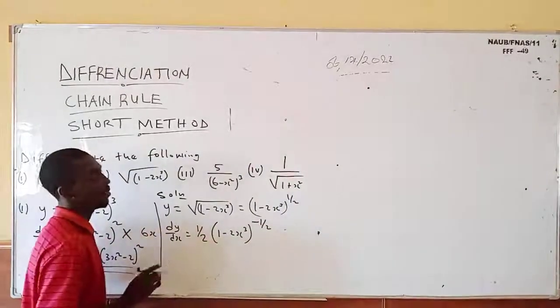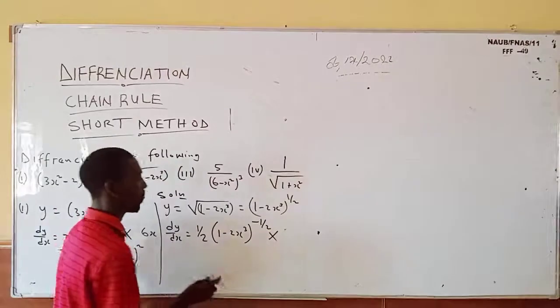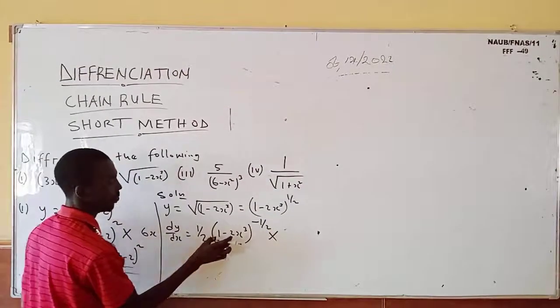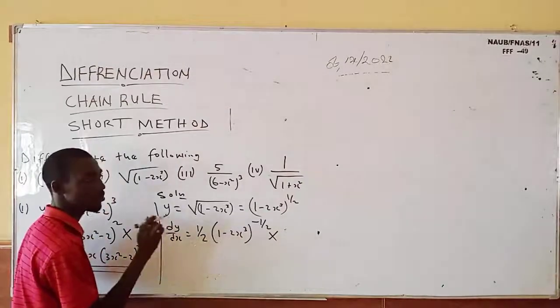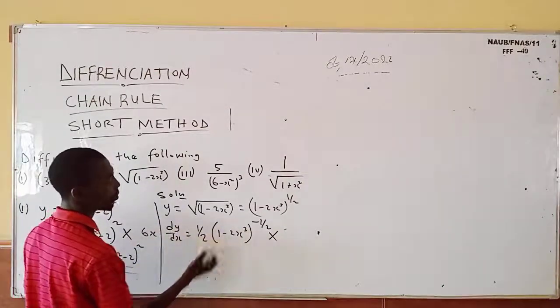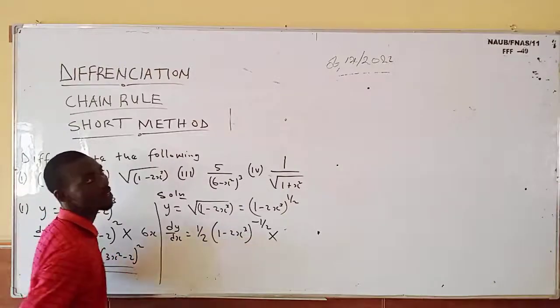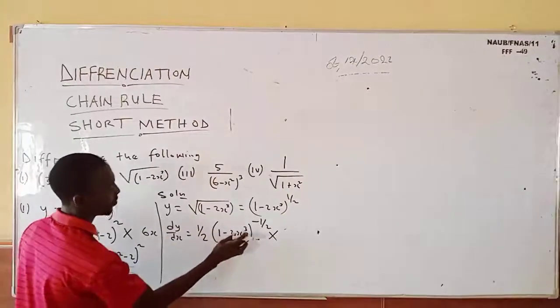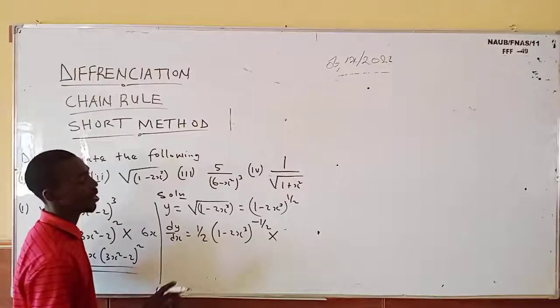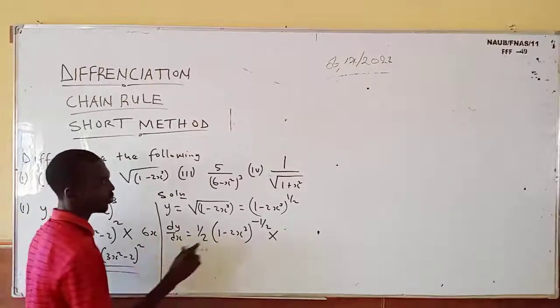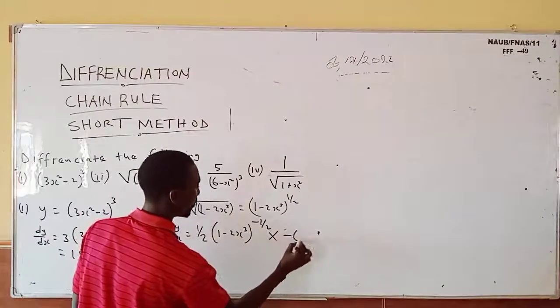Do you get that? So now, then you multiply. What are you multiplying? You differentiate the inside. Let's differentiate the inside with respect to s. If you differentiate 1, that is 0. Now if you differentiate this, what are you going to have? 3 times minus 2, that is minus 6. So it's going to be minus 6s.